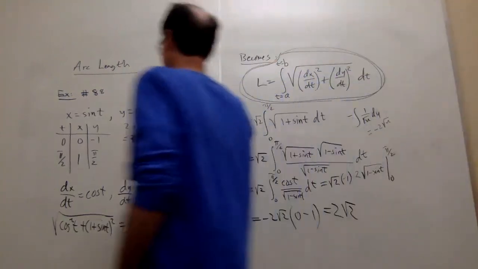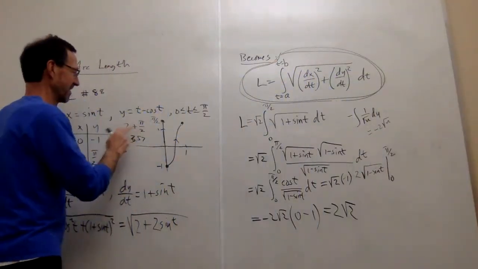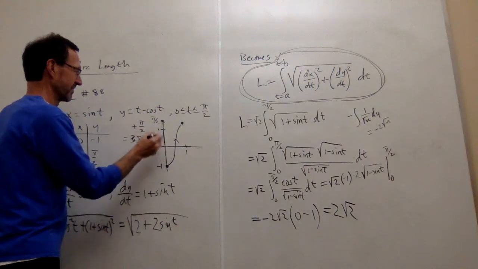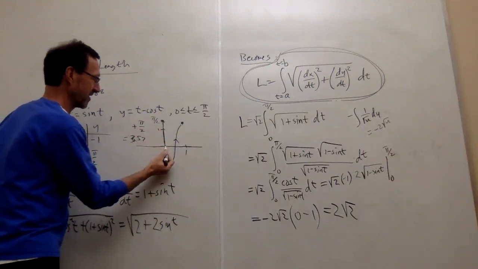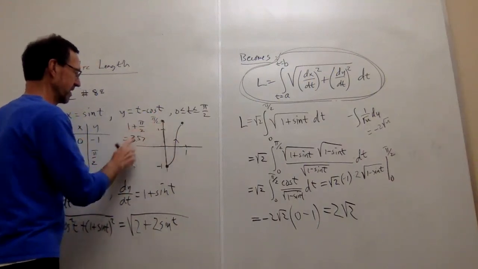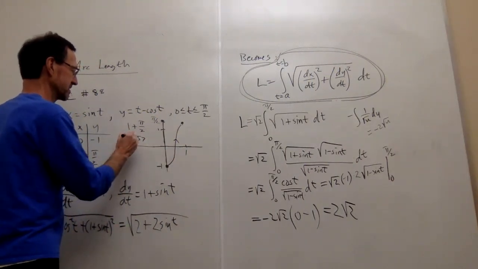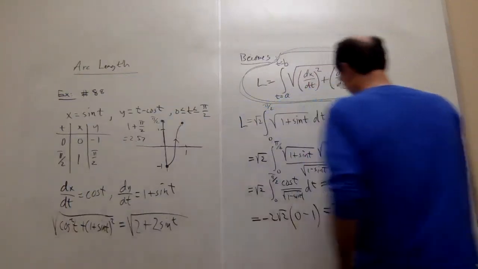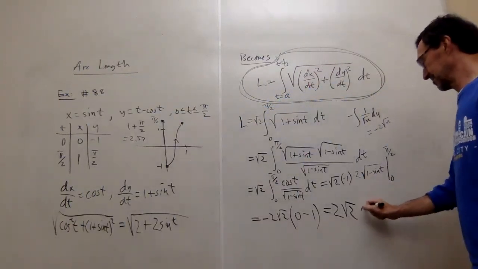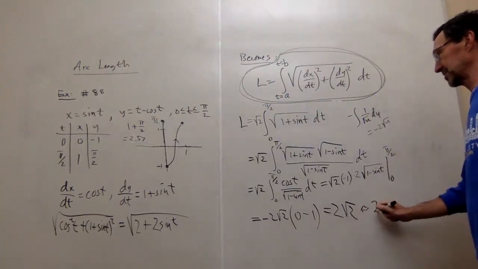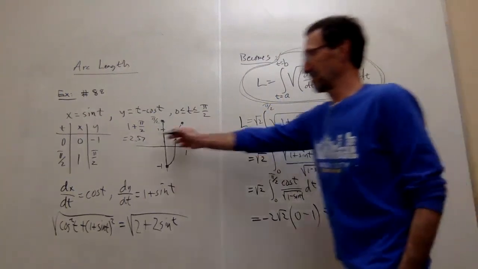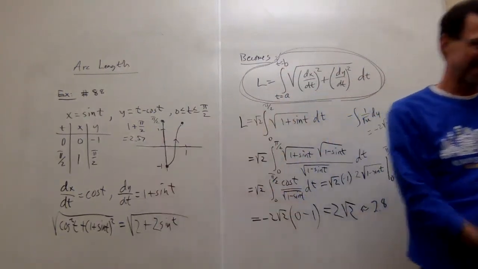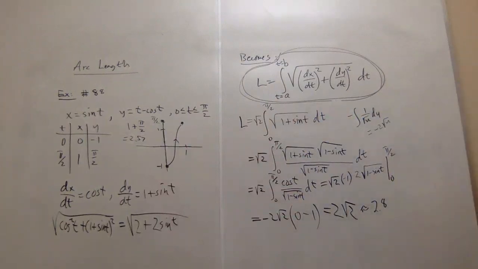Pi over 2 from here to there. So it should be 1 plus pi over 2, which is 2.57. And then my check, square root of 2 is about 1.4. So this, of course I can get a calculator out, is about 2.8. So you can see it's just a little bit larger, just like it ought to be. So we feel super good about that answer.